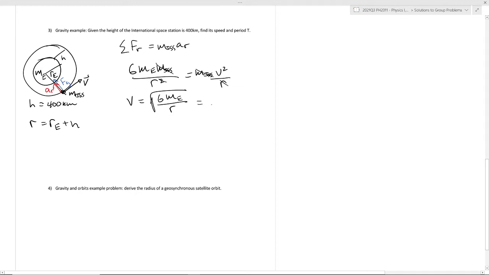And really this is big G, mass of the Earth, over the radius of the Earth plus the height in the denominator. So let's put those numbers in and see what we get.